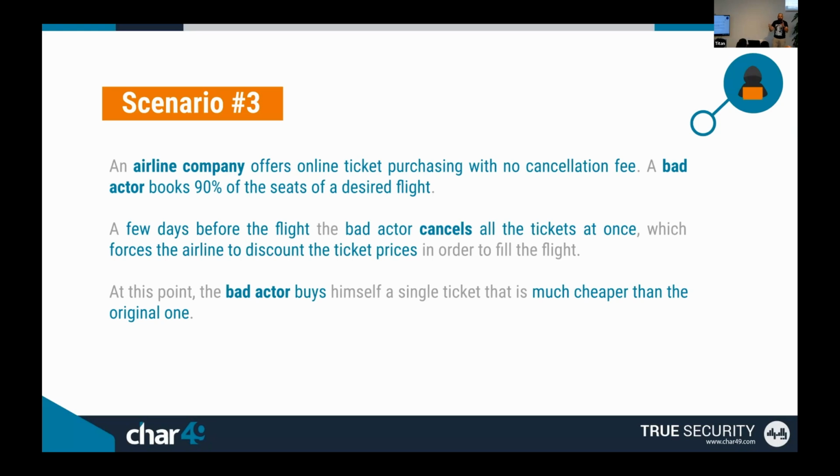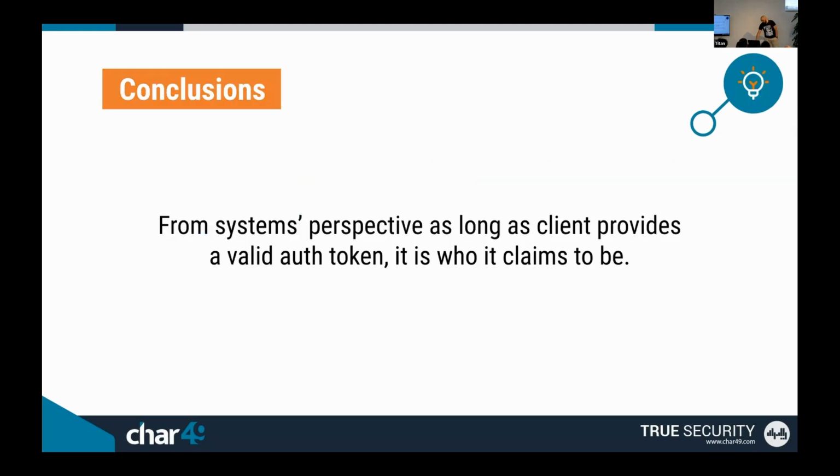If there's no cancellation fee, this is the trick on my attacker's business. The day before, I just cancel all my tickets, the airline wants to get a full plane, so they lower the fares, and then I buy the ticket much cheaper than I bought it at the beginning.